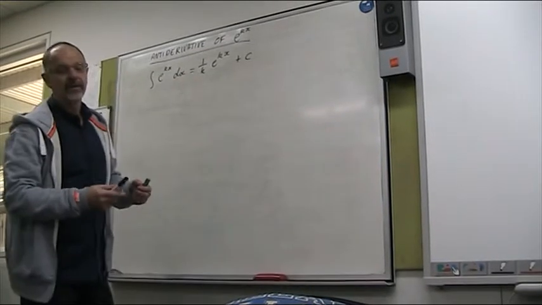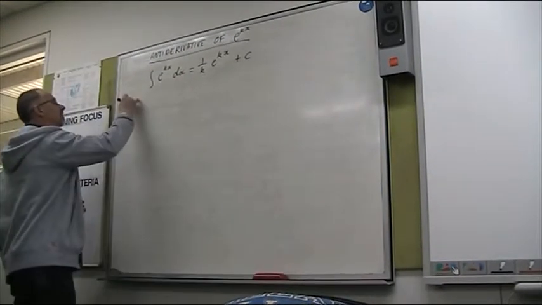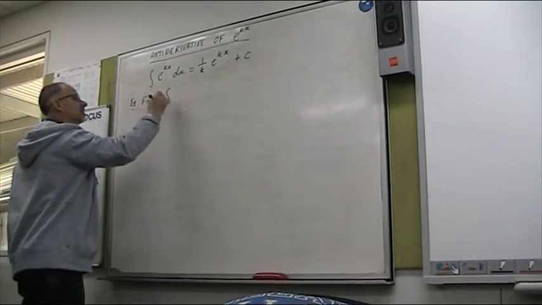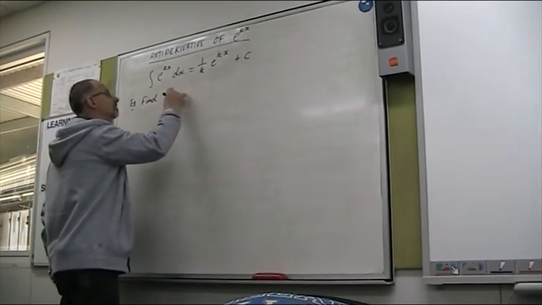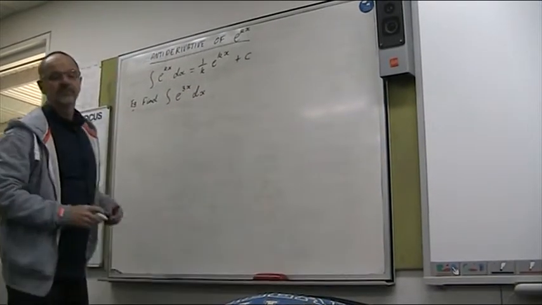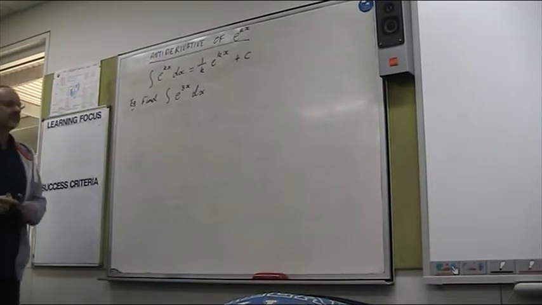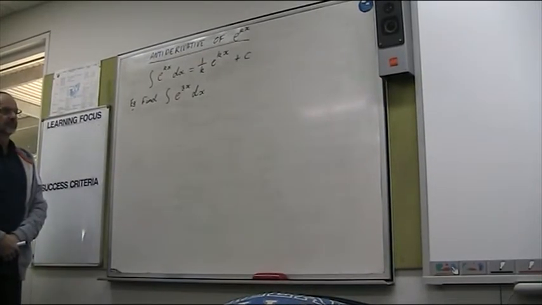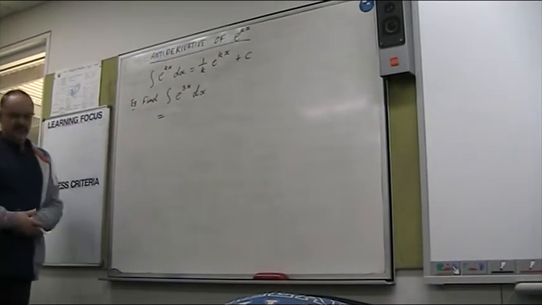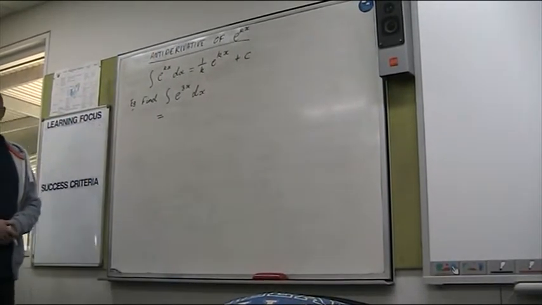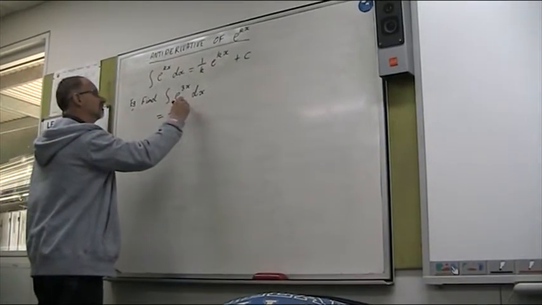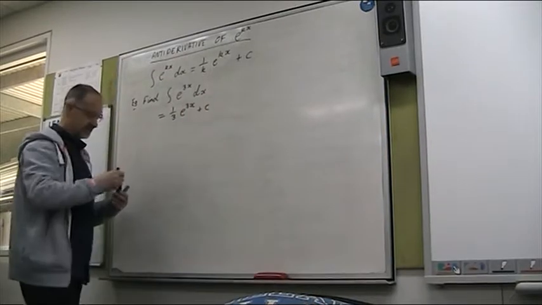So, a couple of examples. So this will simply be 1 over 3 e to the 3x plus c.